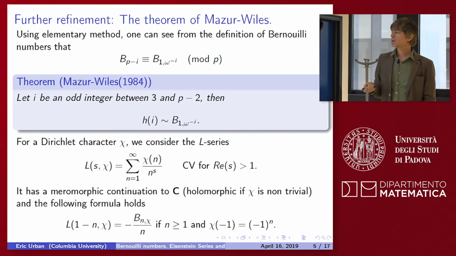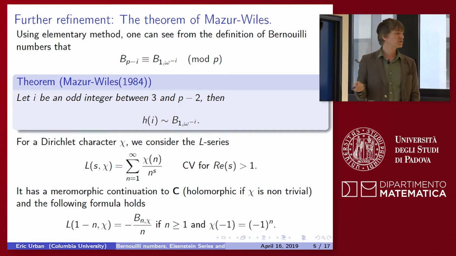Okay. And actually, using the formula that gives you the meromorphic continuation, or the holomorphic continuation when chi is non-trivial, you can evaluate L at 1 minus n, where n is an integer greater or equal to 1.